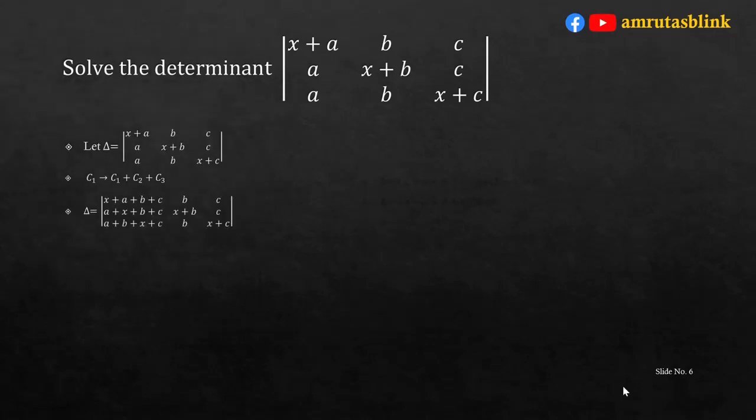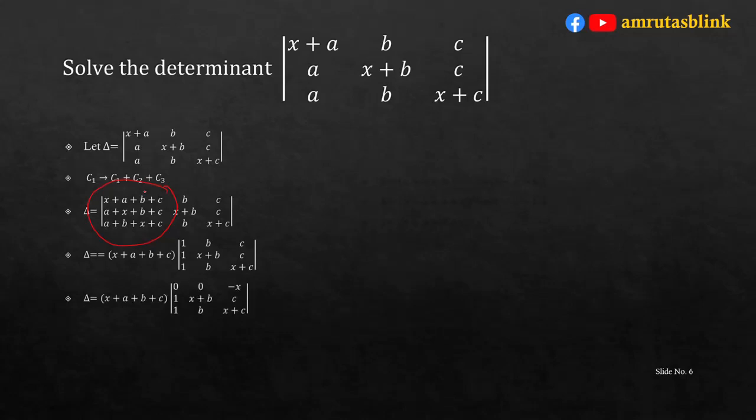Now, from this first column we can take x + a + b + c common. So, delta is equal to x + a + b + c into determinant 1, b, c; 1, x + b, c; and 1, b, x + c.